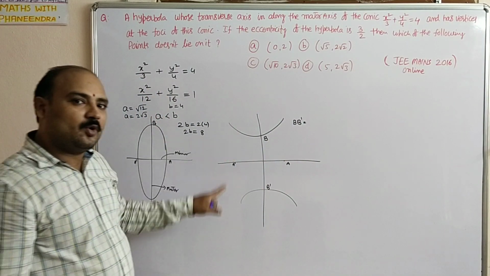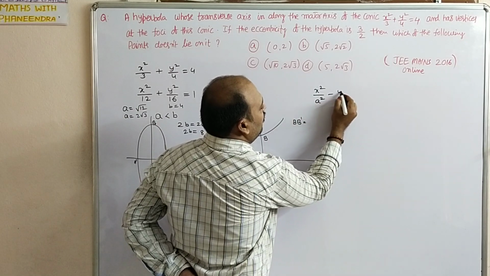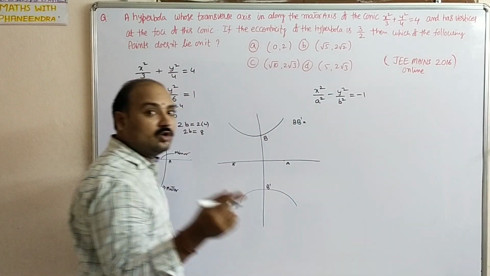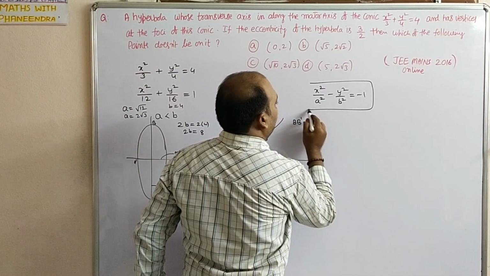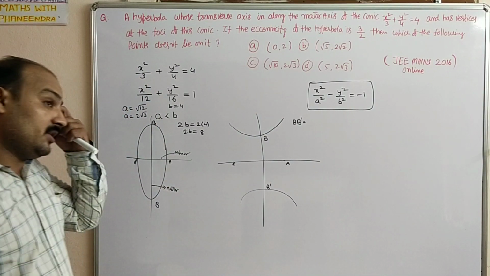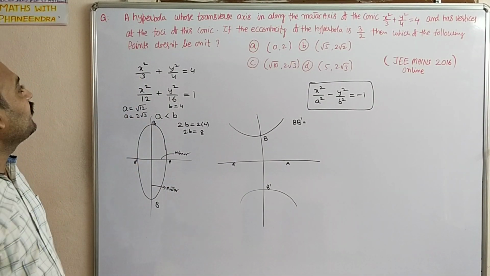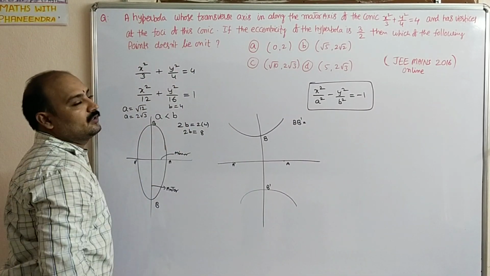So whenever the hyperbola is like this, the equation of the required hyperbola is x square by a square minus y square by b square equal to minus 1. Conjugate hyperbola it is. So first we need to calculate a and b values, based on the given information: has vertices at the foci of this conic.